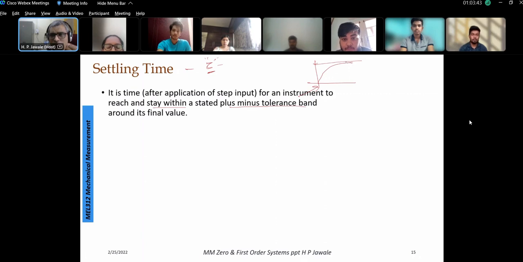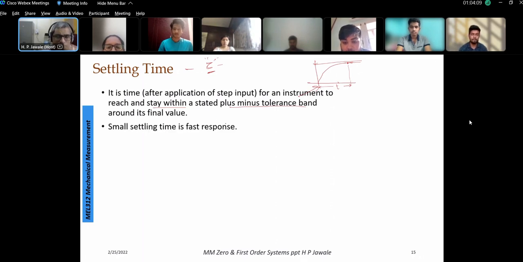Wherever it has come to a settled value and is going to stay there, with no further deviation either coming down or moving ahead, this is the minimum output that the instrument needs to display, and the minimum time, let us call it T dash. So this time T dash is my settling time.